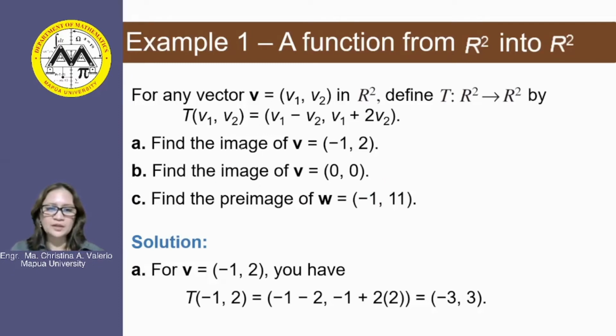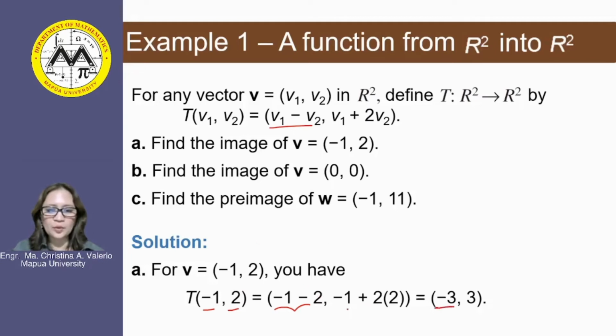Now, how do we solve it? For v, which has the components negative 1 and 2, all we need to do is apply the transformation. So the transformation of the vector negative 1, 2 is equivalent to v sub 1 minus v sub 2. Since this is our v sub 1 and this is our v sub 2, v sub 1 minus v sub 2 is negative 1 minus 2, which is negative 3.